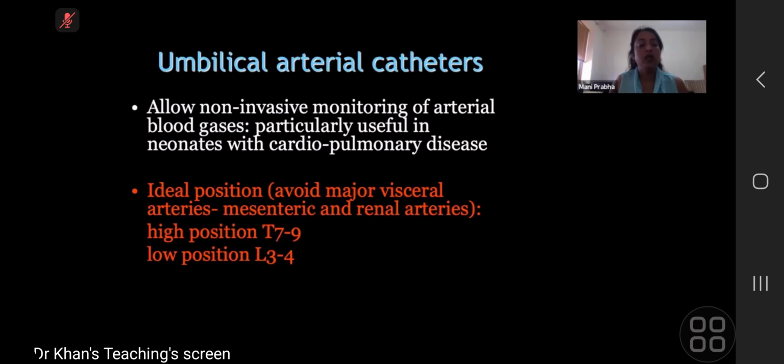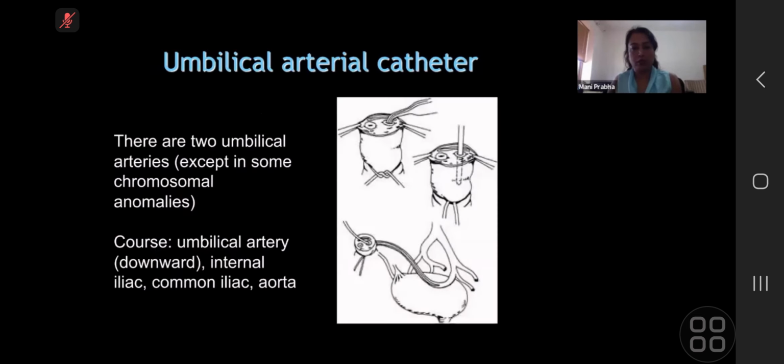It is between T7 to T9, and there is a low position also if they cannot reach the high position. Low position is L3 to L4. The idea is to avoid the major visceral arteries, which are the mesenteric and renal arteries, because thrombosis can occur due to the foreign body mechanism in that region. So keeping all this in mind, we'll review the cases.